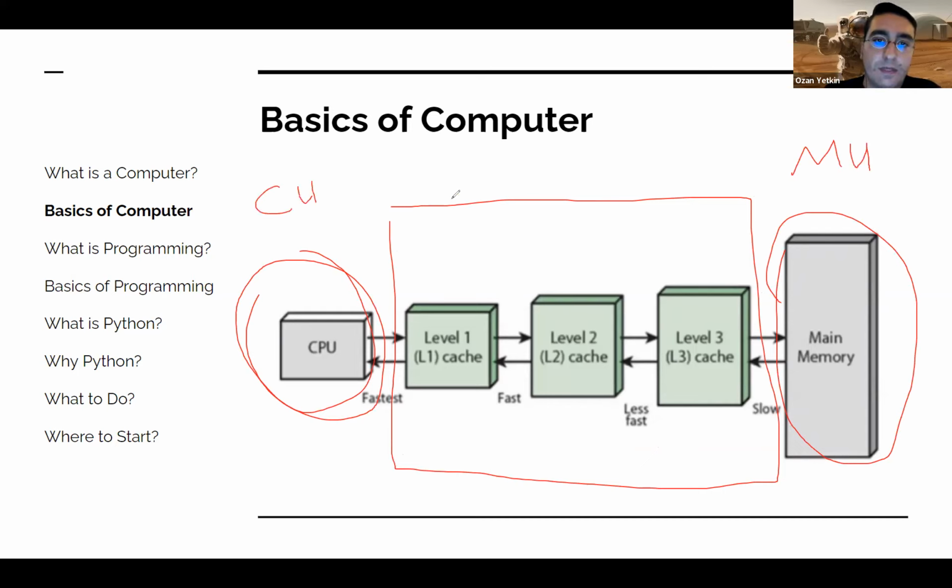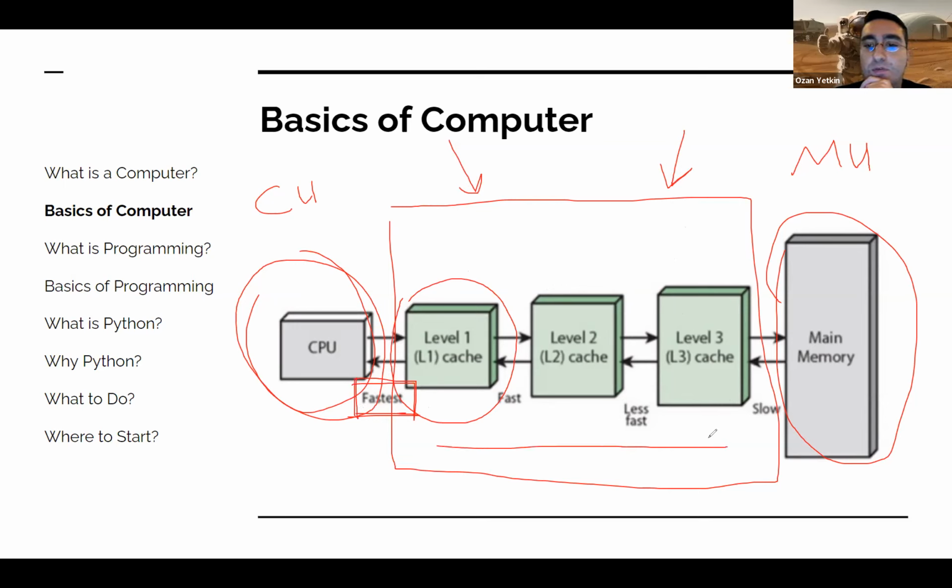And every program that we write and build lies somewhere here. When you're really close to the computing unit, it's the fastest way to do such things.